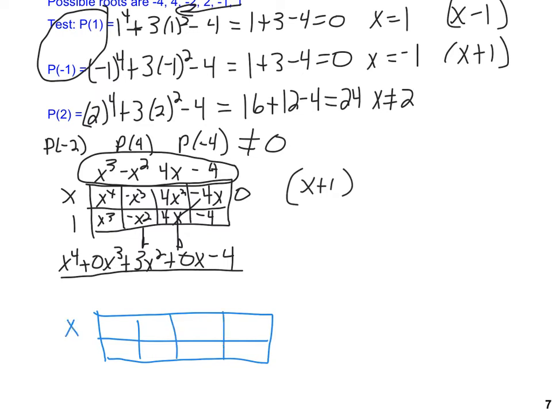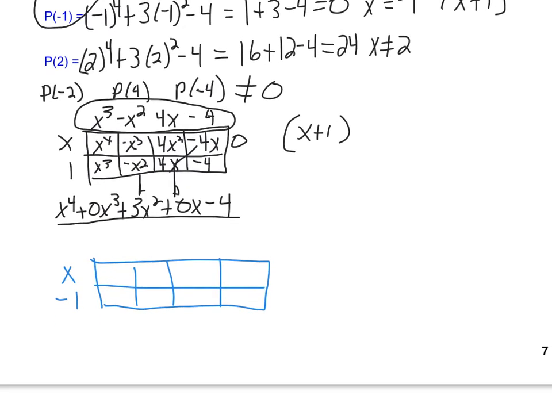We're going to take x minus 1, and we want to divide that and get our x cubed minus x squared plus 4x minus 4.